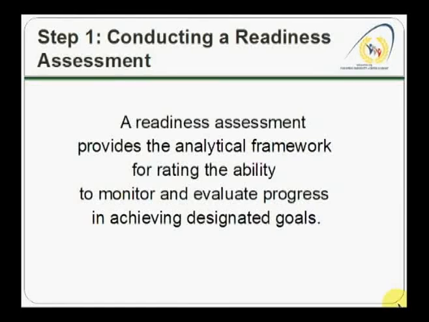In the very first step, you will need to gather people who would be instrumental or very helpful in setting up a monitoring and evaluation system for your CEC.